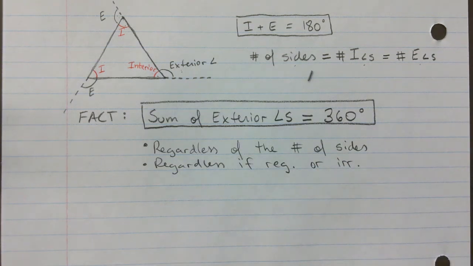So it's always true. The exterior angles of any polygon is always 360. So can you imagine a 50-sided polygon that has 50 sides, and yet if you added up those 50 exterior angles, it would always add up to 360. It's a very useful property, and you'll see why later on.